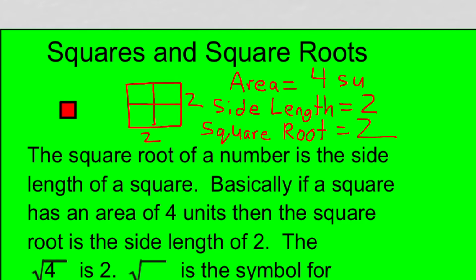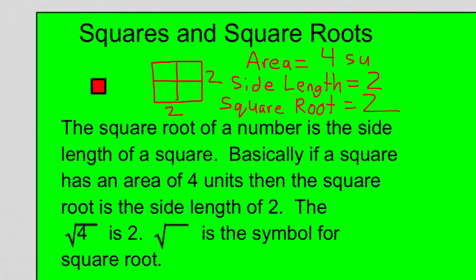So basically what this is showing us is that the square root of a number is the side length of a square. If a square has an area of 4 square units, then the square root is the side length of 2. So we would say the square root of 4 is 2.